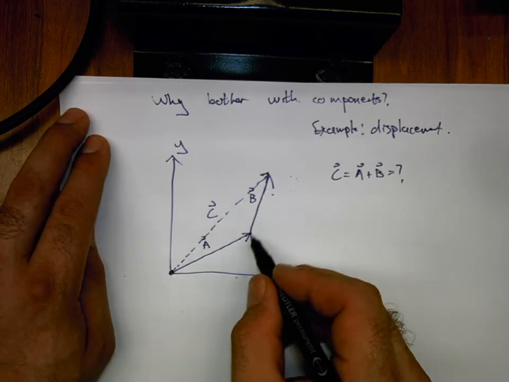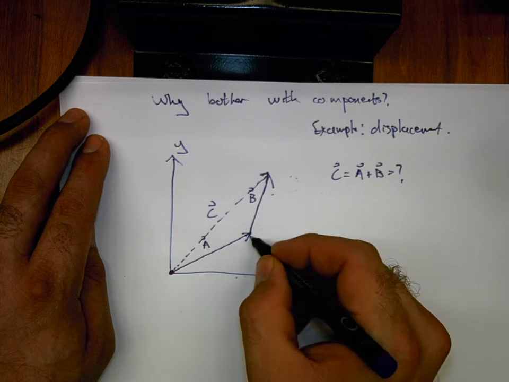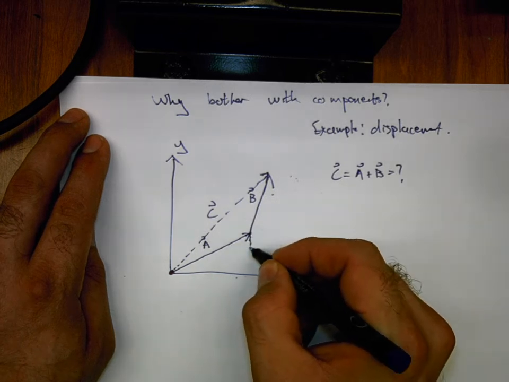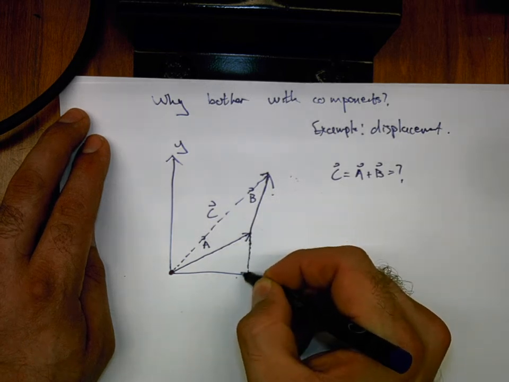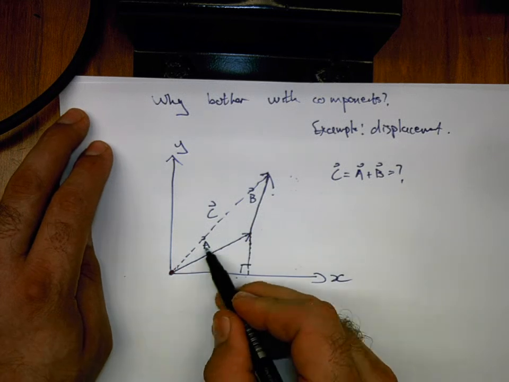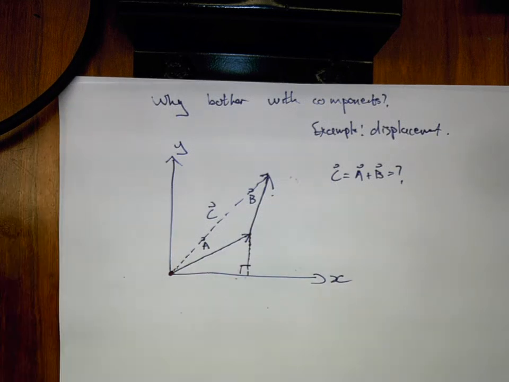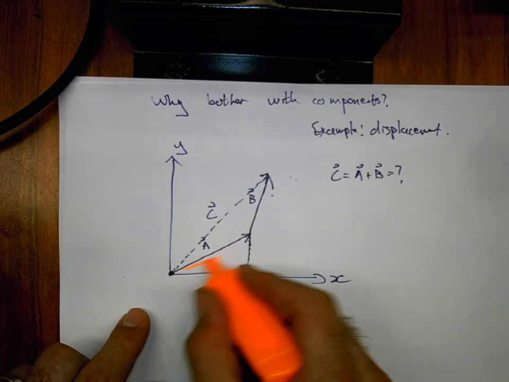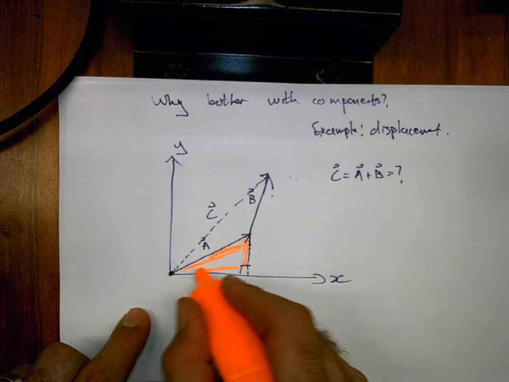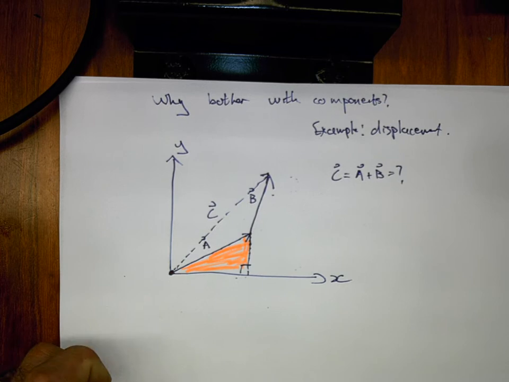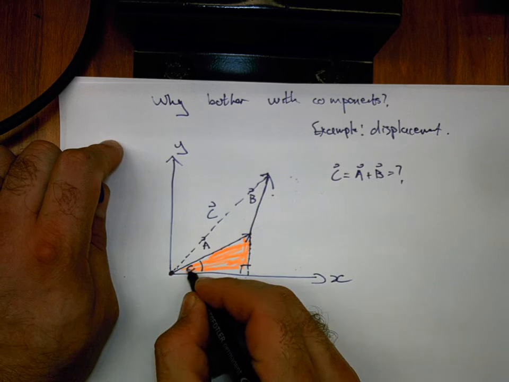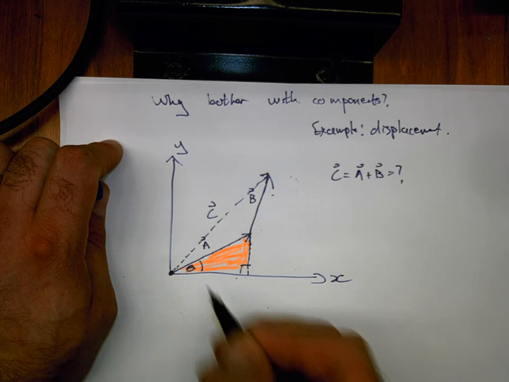Now, remember I said any vector I can split up into two components. So let's draw a right triangle over there with this vector A as its hypotenuse. And let's first look at this triangle over there. Now, let's say we've got some angle with a positive x-axis, which I'm just going to call theta.